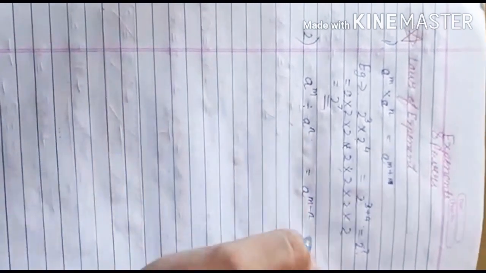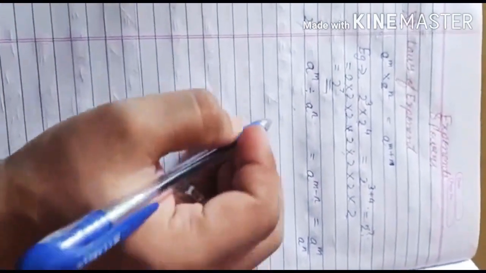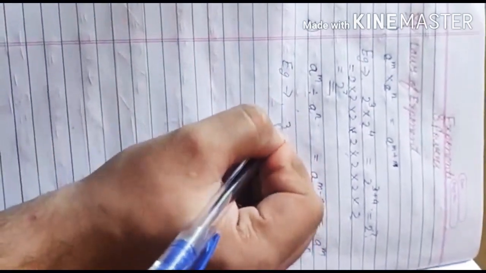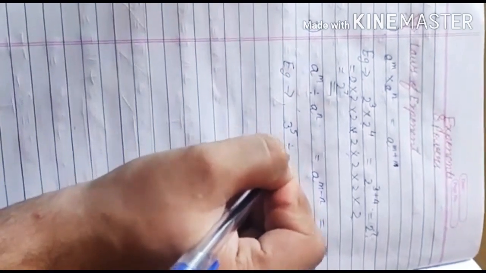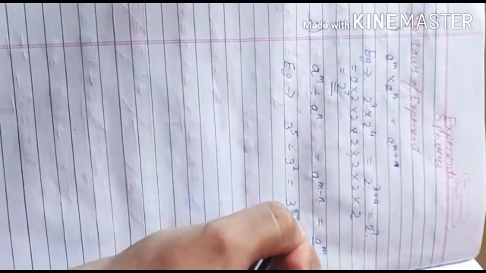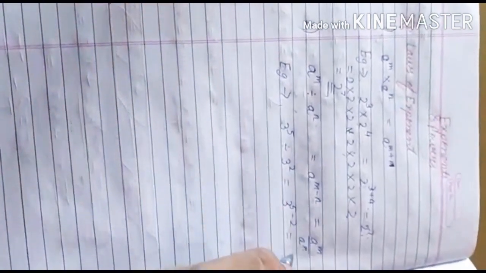We can write it one more way, a to the power m upon a to the power n. Moving further, taking an example, 3 to the power 5 divided by 3 to the power 2. So 3 to the power 5 minus 2. It will come out to be 3 to the power 3.